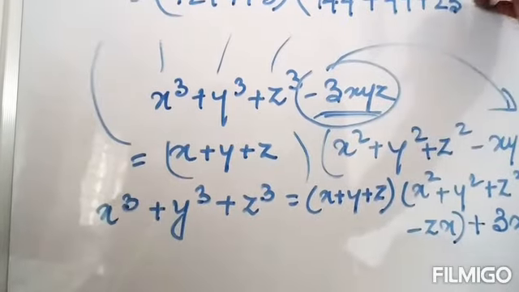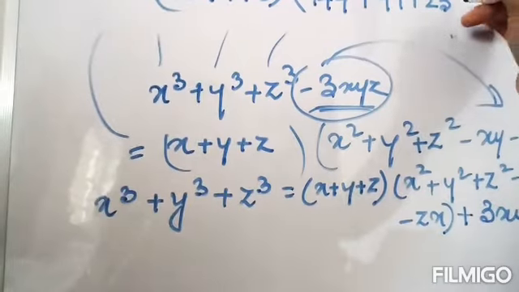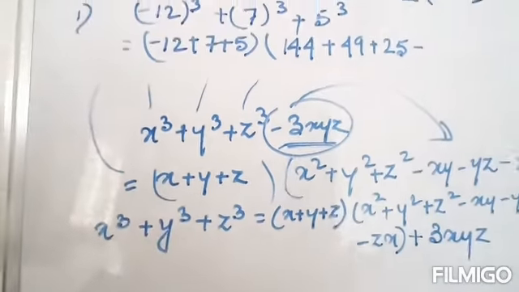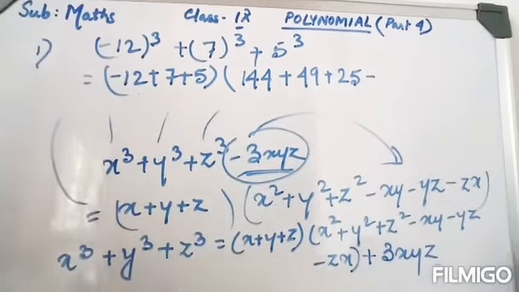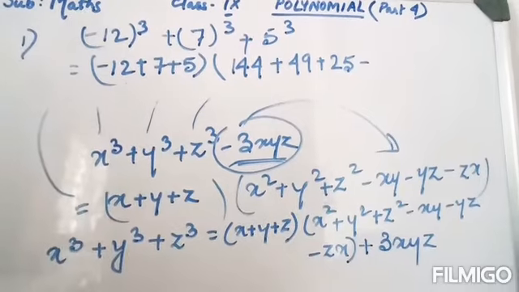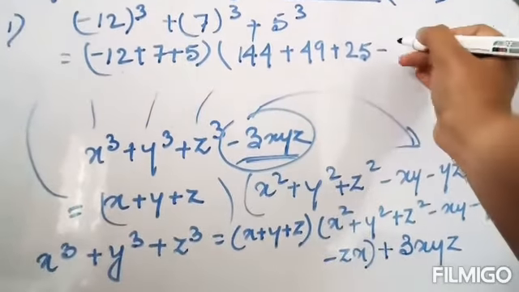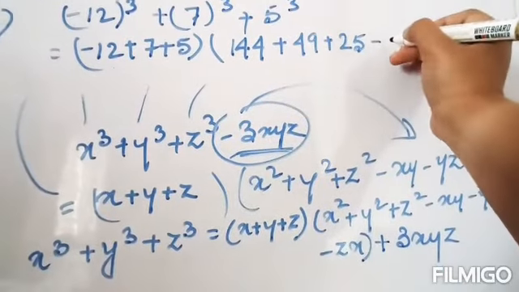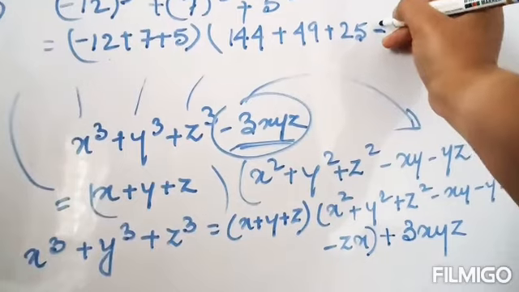Minus xy. What is x? x is minus 12 and y is 7. So minus 12 into 7 is what? 84. Minus 84. Now it has already one minus, so minus into minus will be plus.